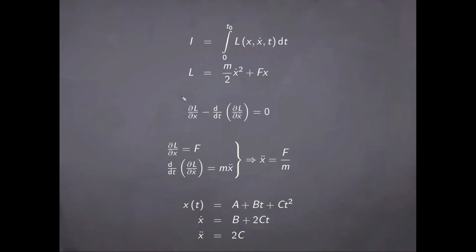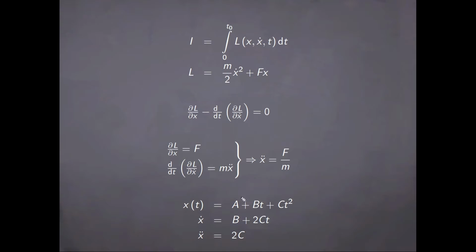And we know that in order for the action integral to be minimized, the Lagrangian must satisfy the Lagrange equation. So if we just work out the derivatives involved, we obtain immediately the equation of motion, which states that the acceleration in the x direction is just F divided by m.